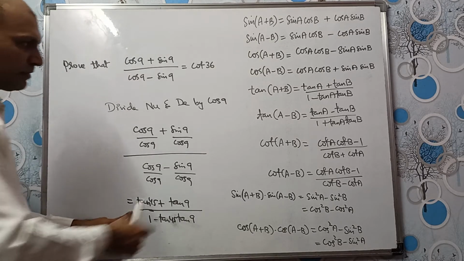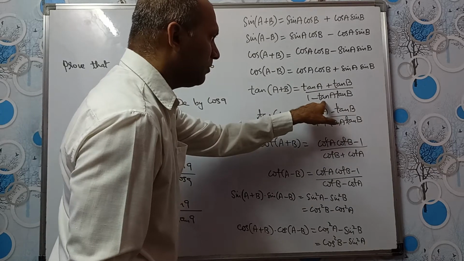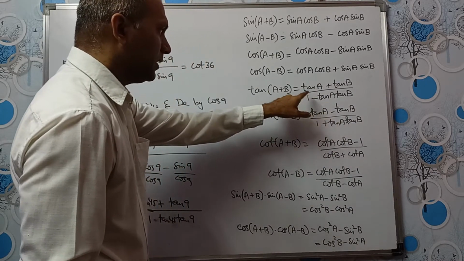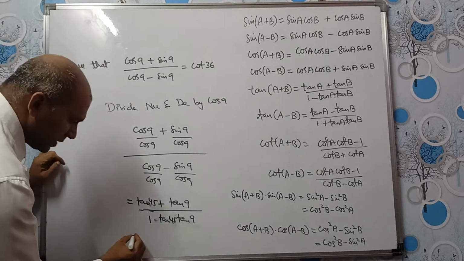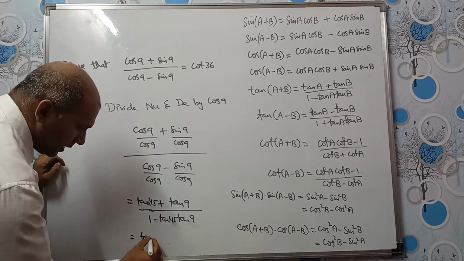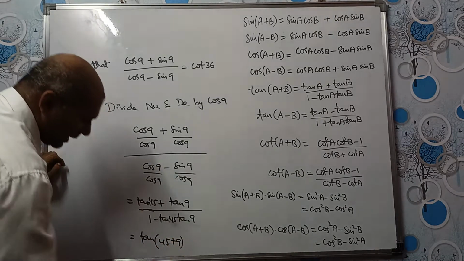Now see, this is like tan a plus tan b by 1 minus tan a tan b. So it is tan(a plus b). So this will be equal to tan(45 plus 9).